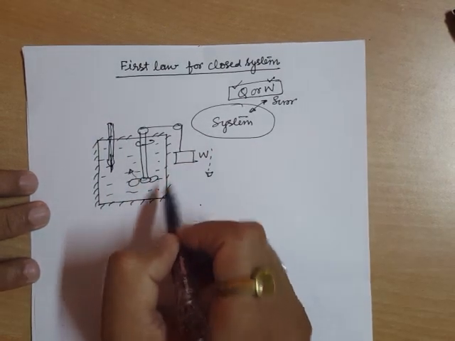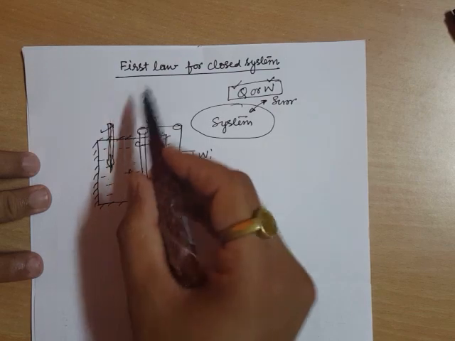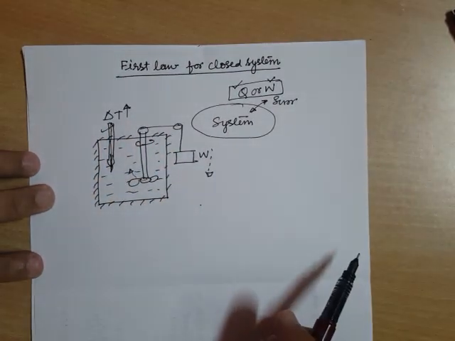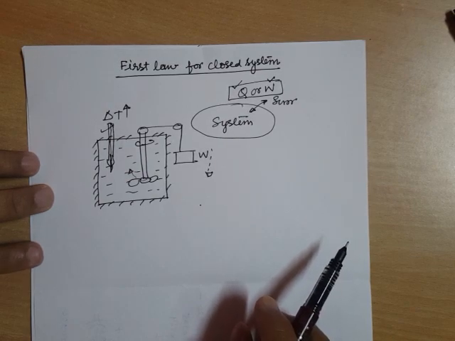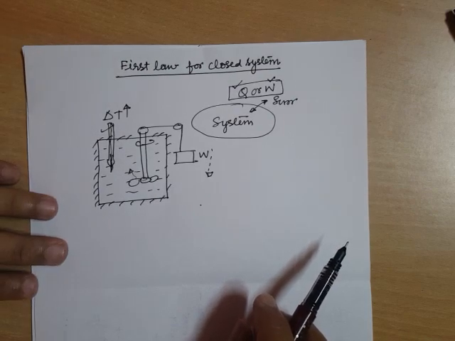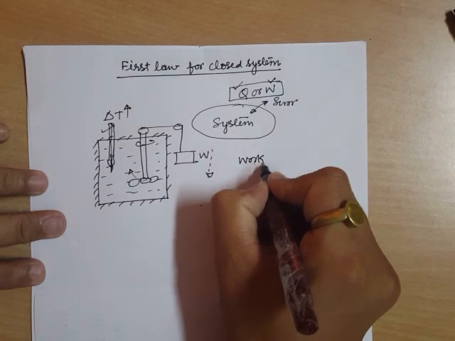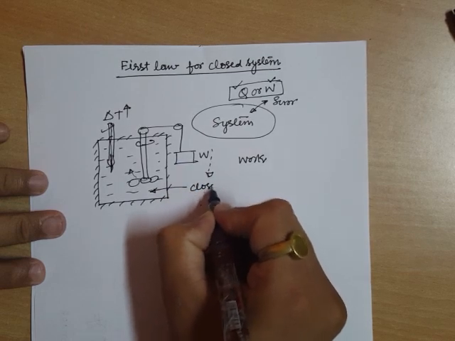After some time of churning, he noticed that the temperature of this thermometer has increased. And we know that heat is the only form of energy which comes into picture whenever there is a temperature difference. But what he did was some amount of work on this fluid, which is a closed system.